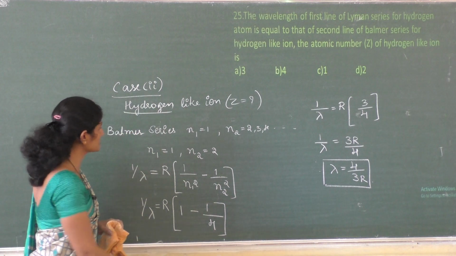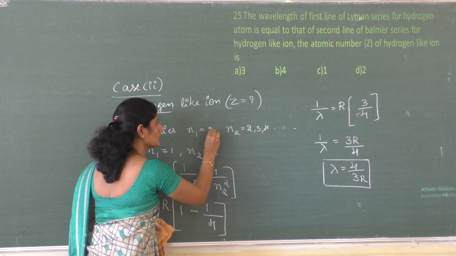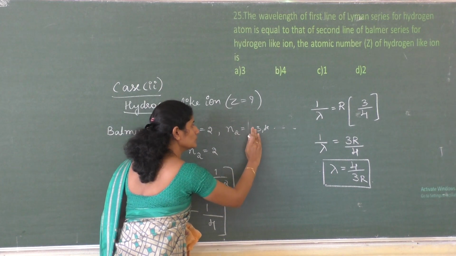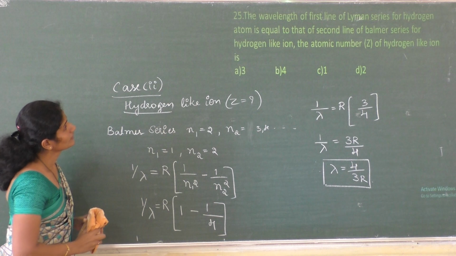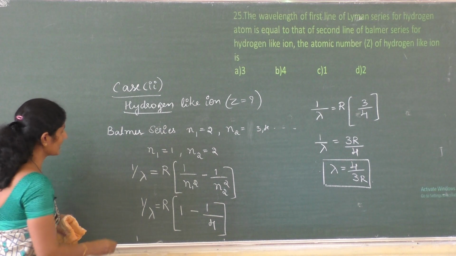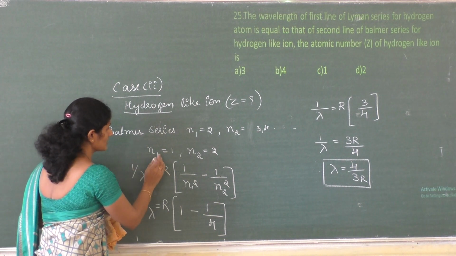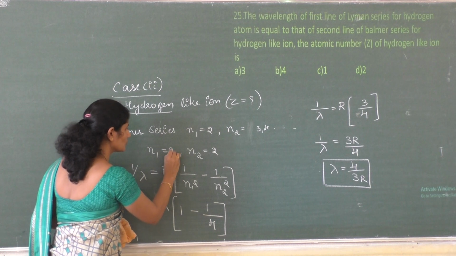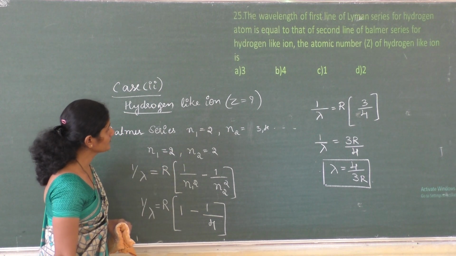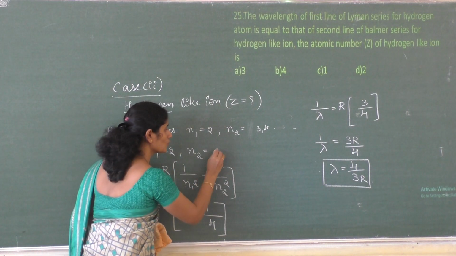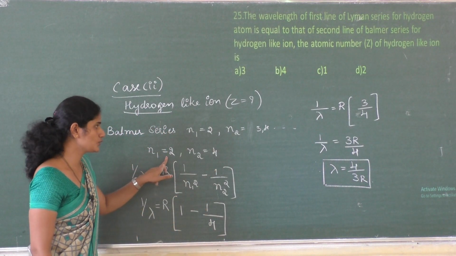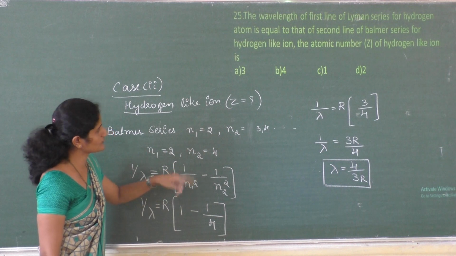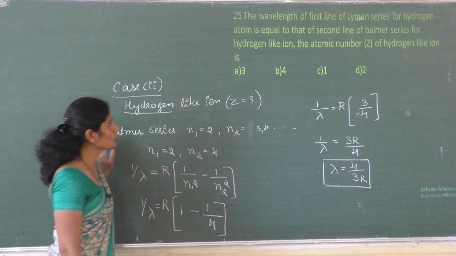For Balmer series, n1 is equal to 2, n2 is equal to 3, 4, etc. For the first line, n1 is equal to 2, n2 is equal to 3. For the second line, n1 is equal to 2 and n2 is equal to 4.